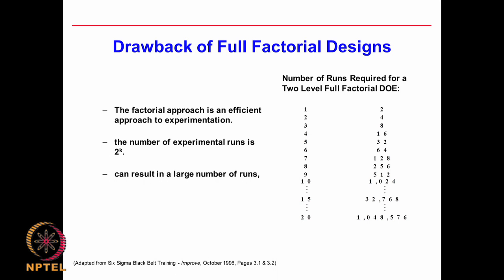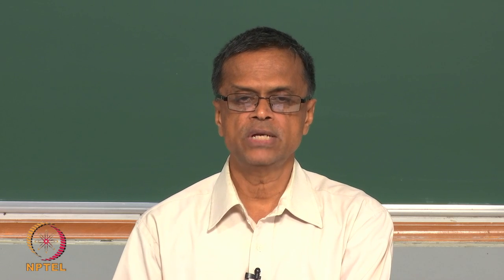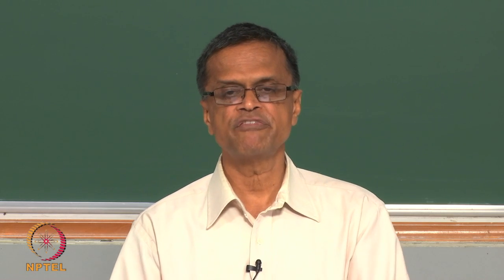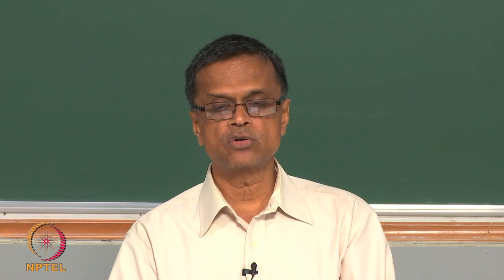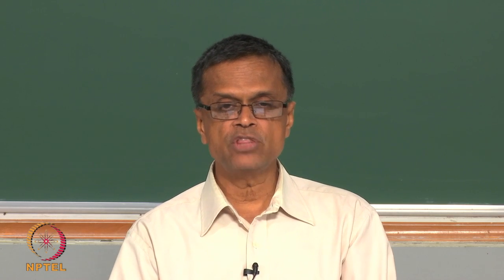So, there is something called fractional factorial design. We will look at fractional factorial design in more detail as we go along, but fractional factorial designs are fractions of this main full factorial design. You can have half fractional factorial, that means you will do half of the full factorial, you can have 1/4 of full factorial, you can even have 1/8 of full factorial.